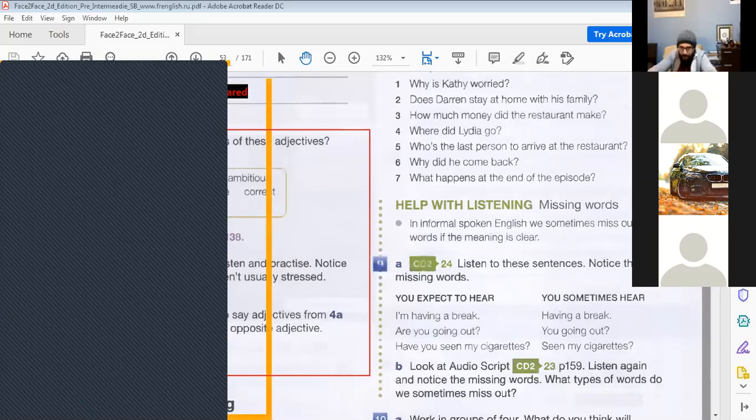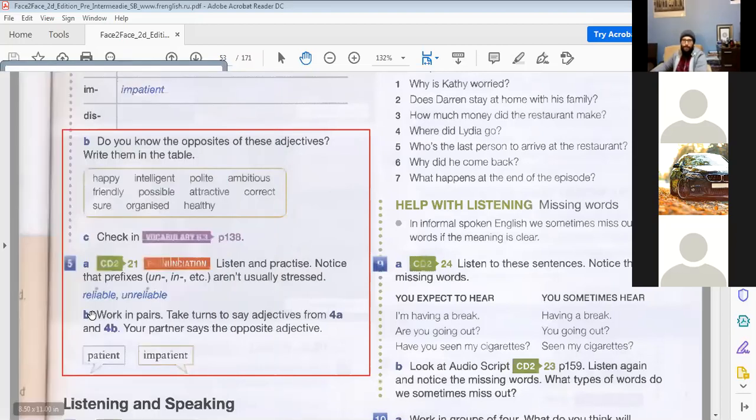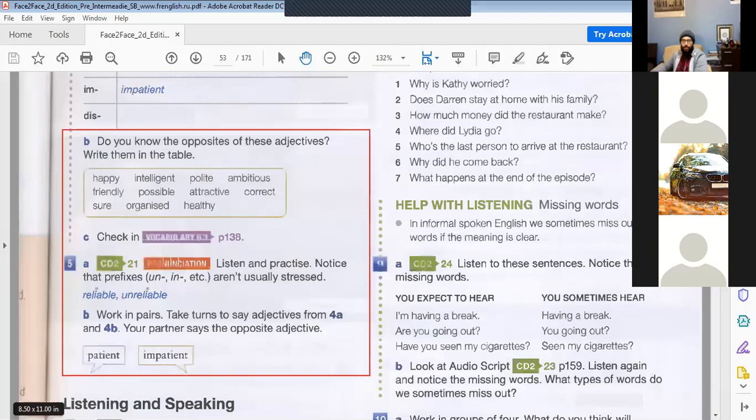Okay, so let me go to the CD. Is it CD1? CD2, not CD1. CD2 track 22.